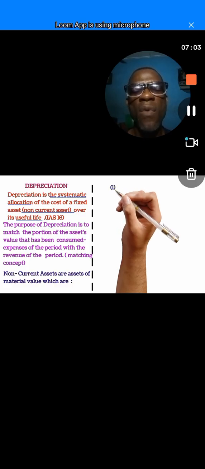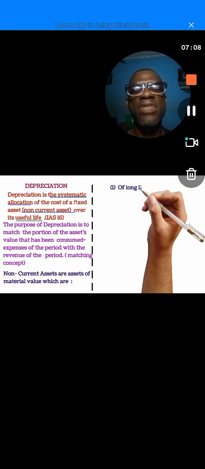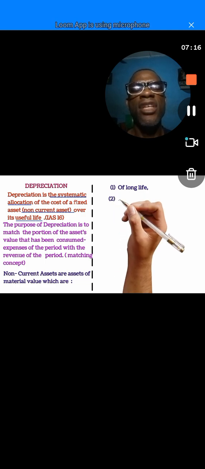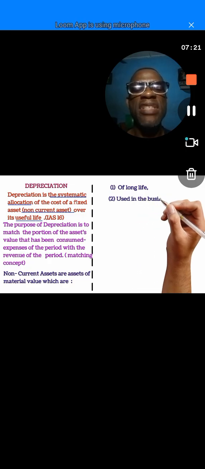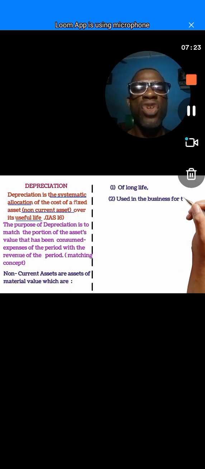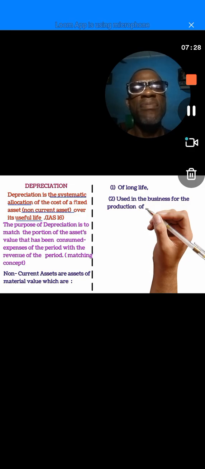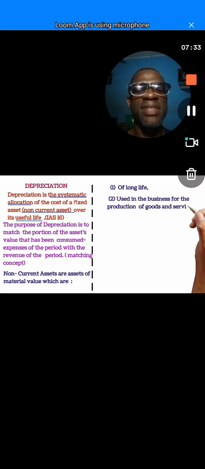That is to say, non-current assets are assets of material value which are, one, of long life. Two, they are used in the business to assist in the production of other goods and services.